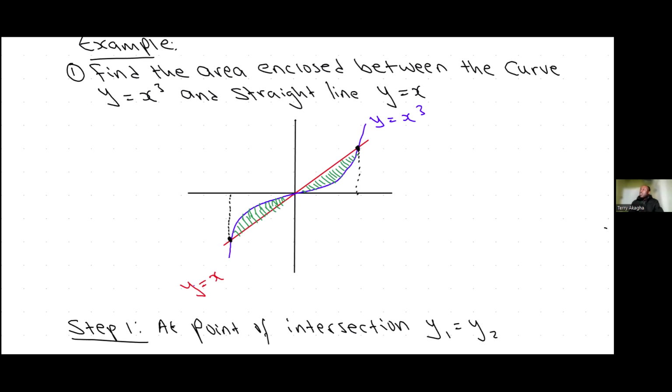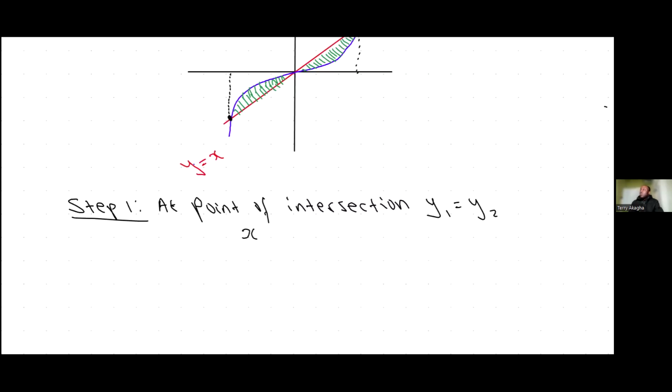So that means x cubed will be equal to x, okay? You take this to the other side, so x cubed minus x will be equal to 0. Then you factorize this, so x is going to give us x squared minus 1 equal to 0. Then we can break down x squared minus 1 to be a difference of 2 squares.